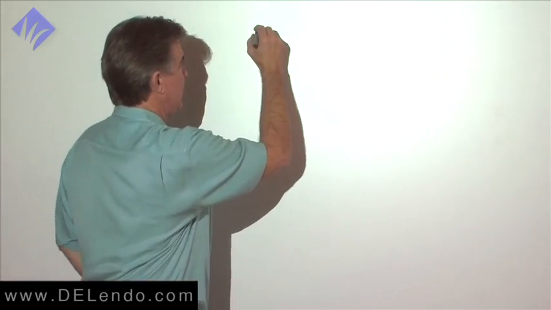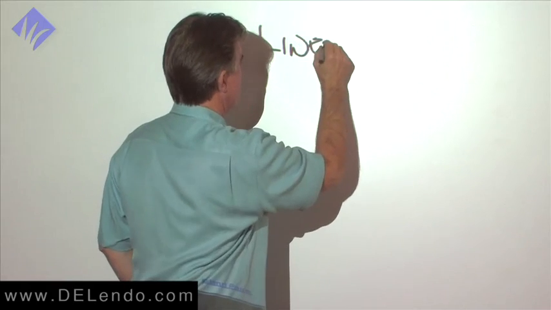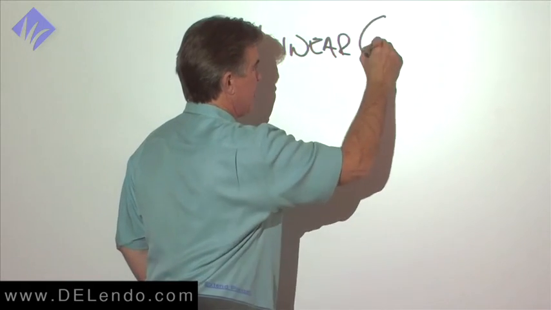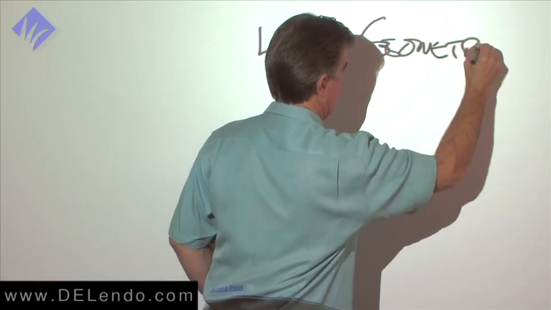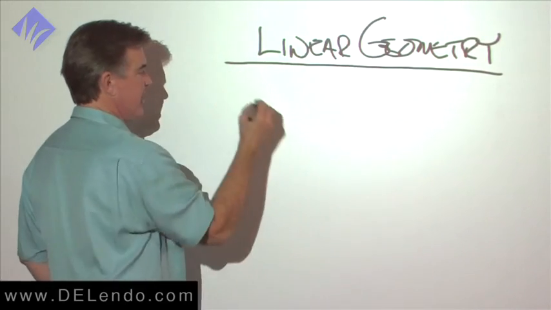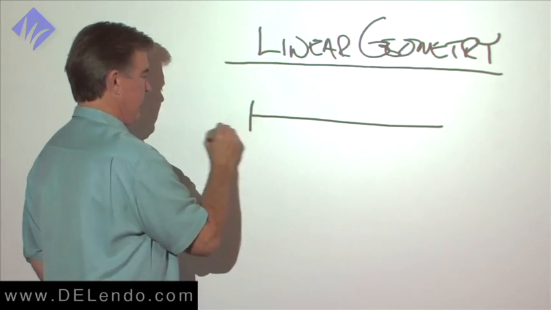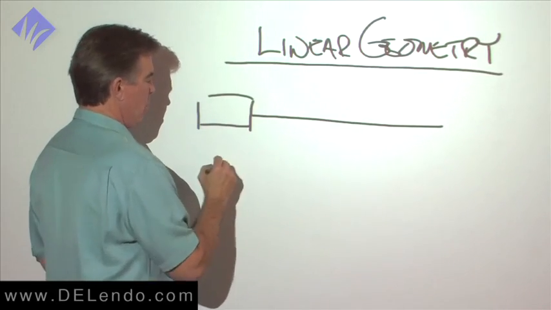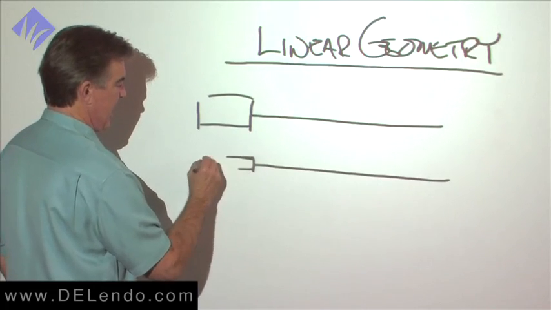So first, what I've been talking about here is linear geometry. Linear geometry is what's going on to the geometry along the length of the instrument, whether it's a hand file or a rotary file that's got a latch grip on it.